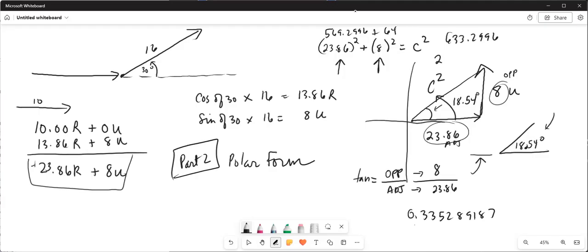So that gives me 25.17 if I round it to two places. So our answer is 25.17 at 18.54 degrees.